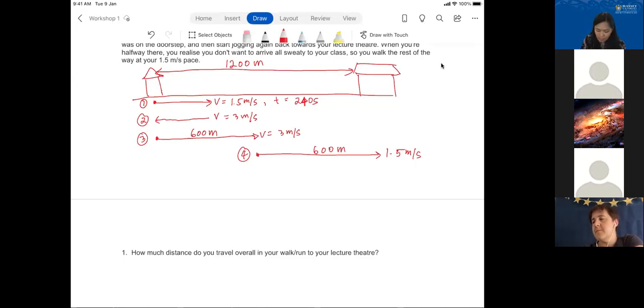The question is, for the first segment, you're only given your speed and your time, okay, or velocity, if you want to put in the direction. You're given the speed and the time. You have to work out in the first segment of your journey how far.